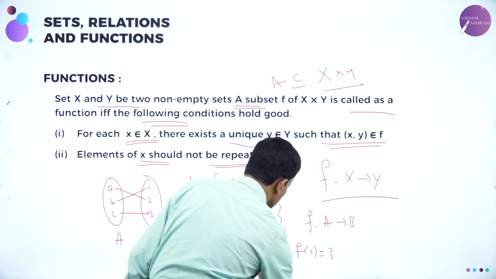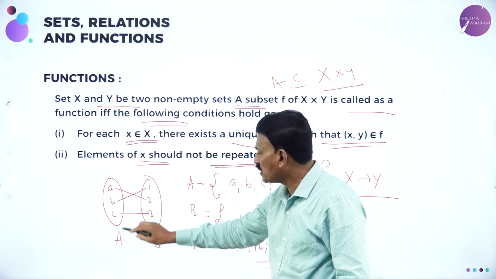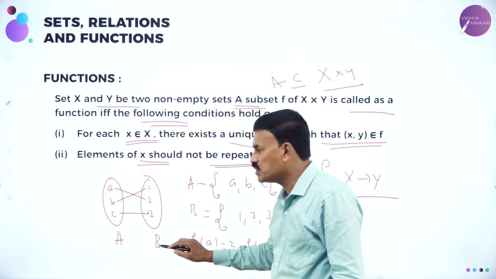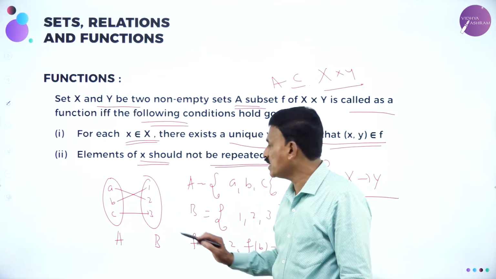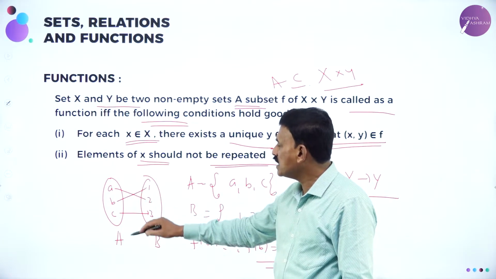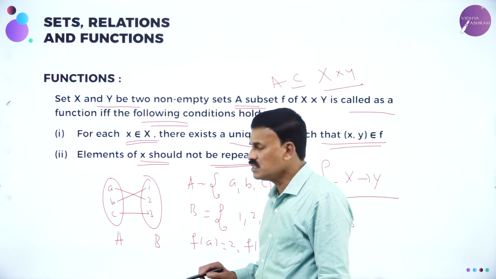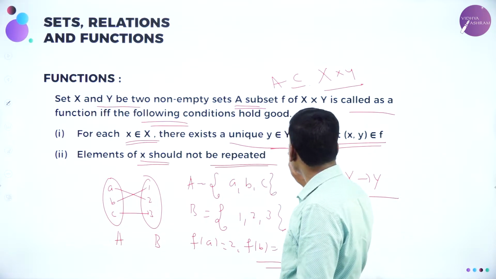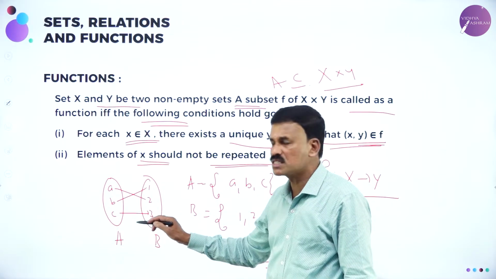Here, each and every element of the set A is associated with a unique element of the set B. See, a is associated with 2, b is associated with 1 and c is associated with 3. That means if x belongs to X, then there exists a unique element y belonging to Y such that (x, y) belongs to f.